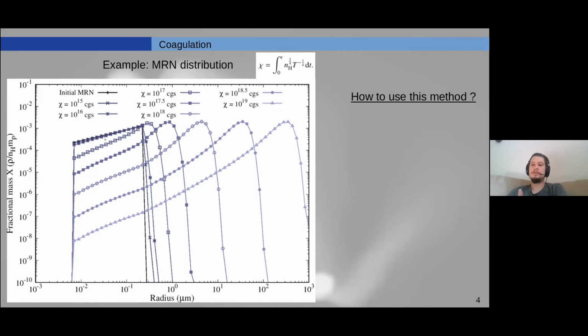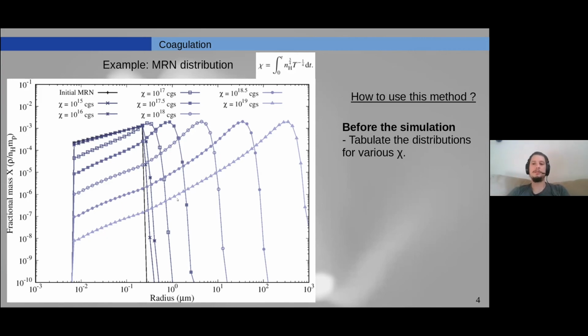So how do you use this method? Before the simulation, you have to tabulate the distribution for various chi, using a standard coagulation algorithm and the standard Smoluchowski equation, exactly like on the plot.